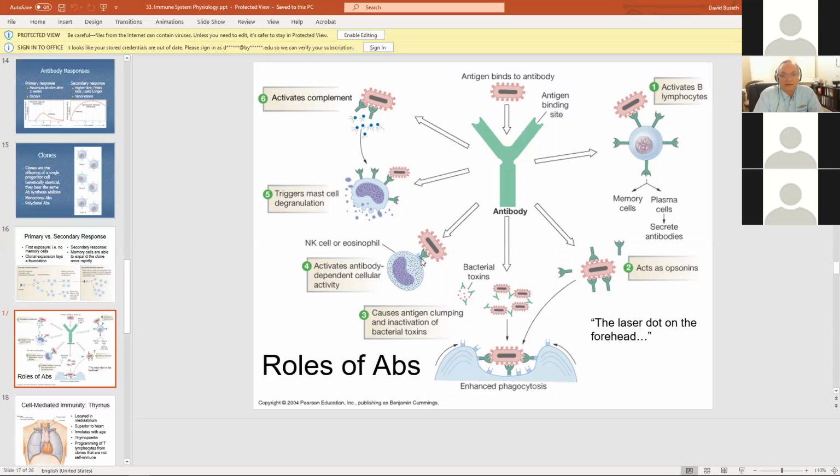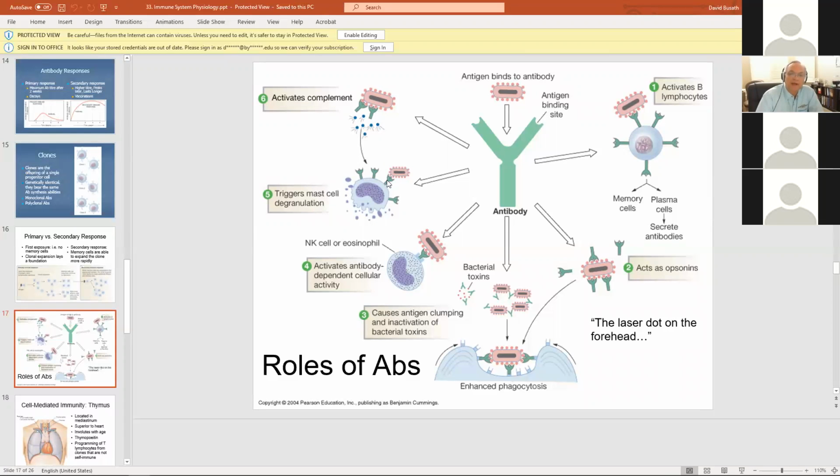They can activate antibody-dependent cellular cytotoxicity, like in the natural killer cells or the eosinophils, when they're exposed to antibodies as opsonins attached to the polysaccharide coat on a bacterium like E. coli.